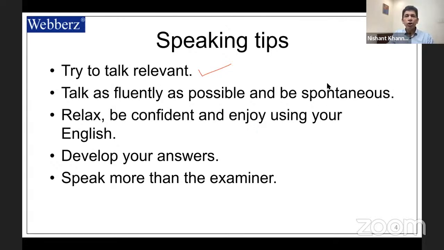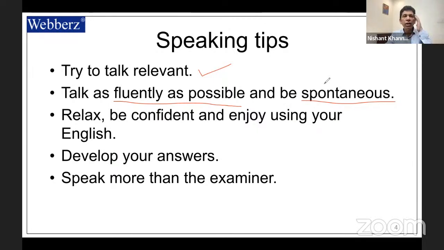Now, talk as fluently as possible and be spontaneous, which means what? Fluency is very important and spontaneity is also very important. Spontaneity means if somebody asks you a question, you have to answer that question.